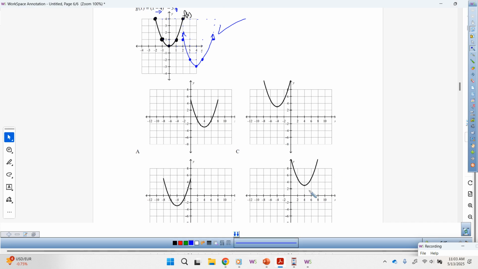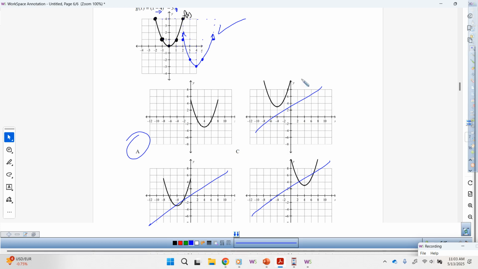Is it this one? No, this one looks like it went up. Is it this one? No, that one looks like we went to the left. Is it this one? We went to the left and up. So the correct answer is A. That's all you do. You do the transformation, and then you just match the answer.